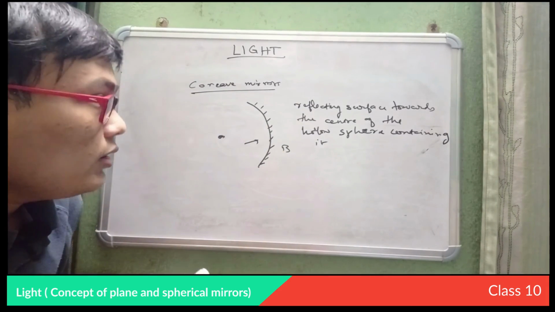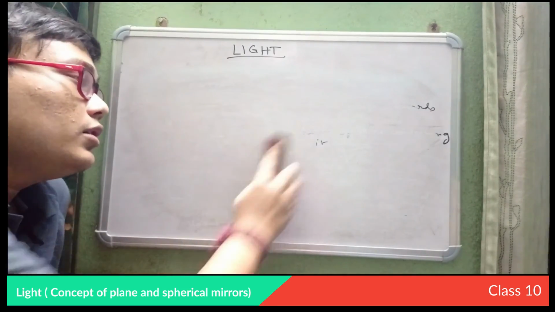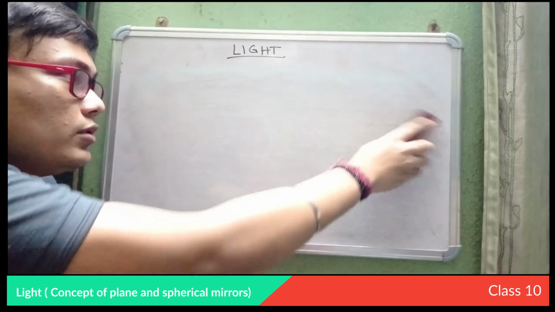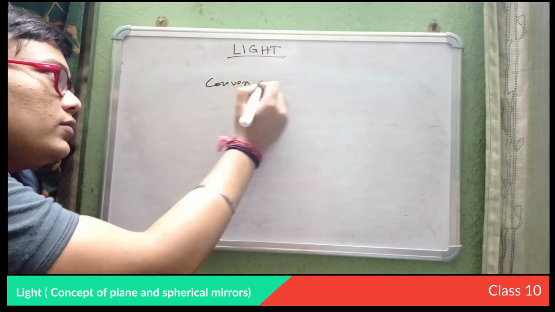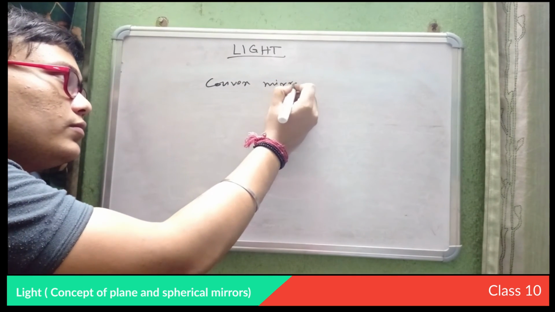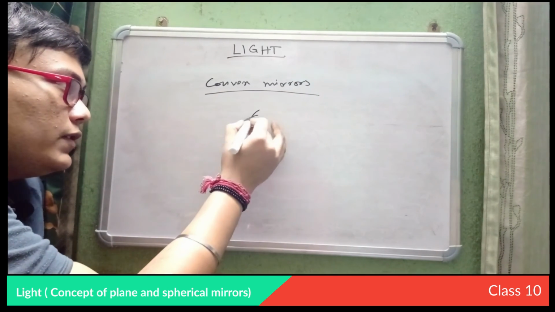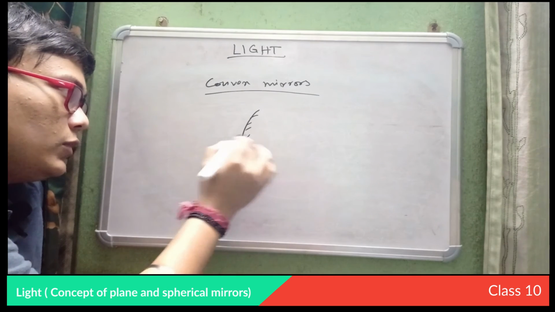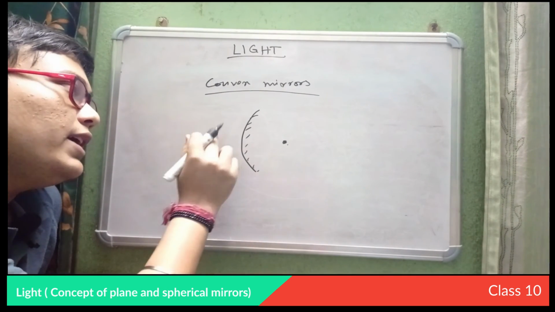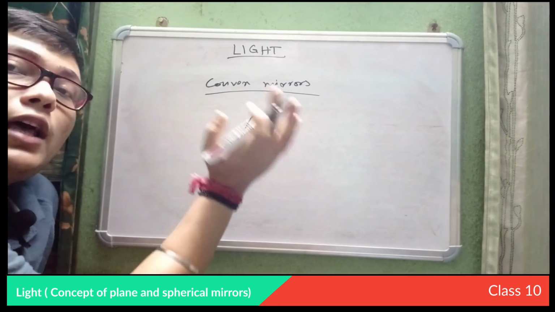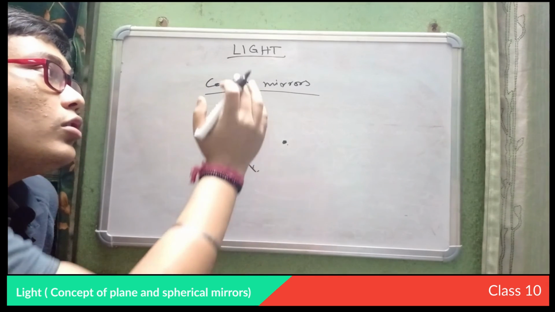Now for convex mirrors, the thing will be exactly opposite. It will be something like this. If this is the center of the hollow sphere containing the mirror, the reflecting side, which is this side, is away from the center of the hollow sphere containing the convex mirror.